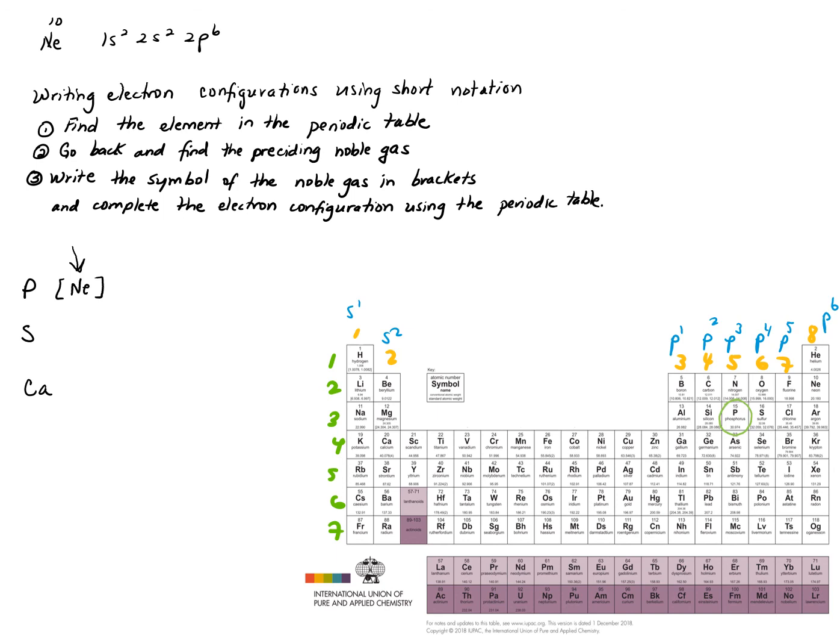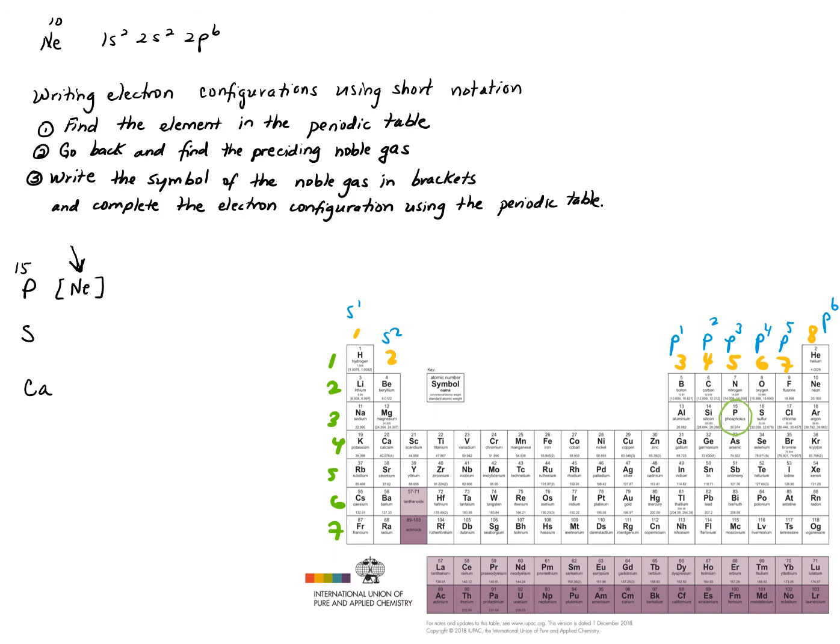So now we need to complete the electron configuration. Atomic number for phosphorus is 15. Since we already have 10 electrons right there, we need to add electrons all the way to 15. So let's look at the periodic table to do that.